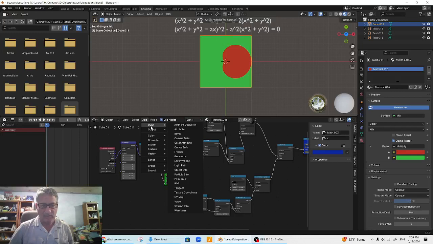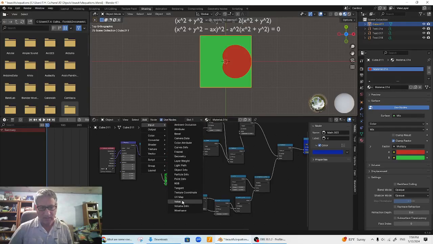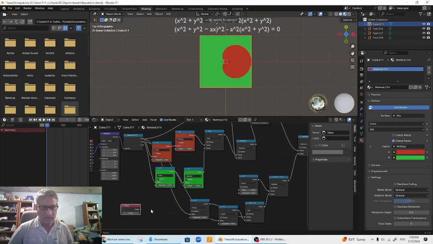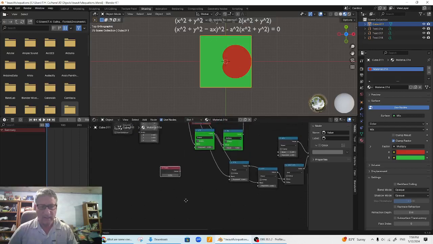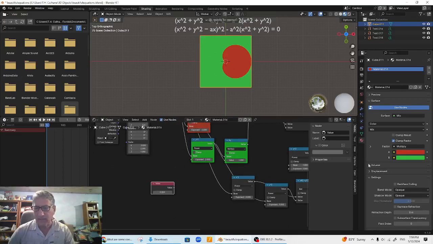It'd be input, UV map, texture coordinate. We already have a value. Maybe it's value. Let me see something. What if I put in input value? But can I make it more than one value? Like, can I, under properties, node, tool, options, item.